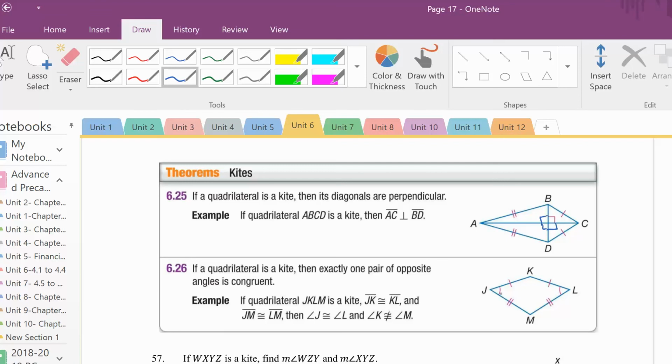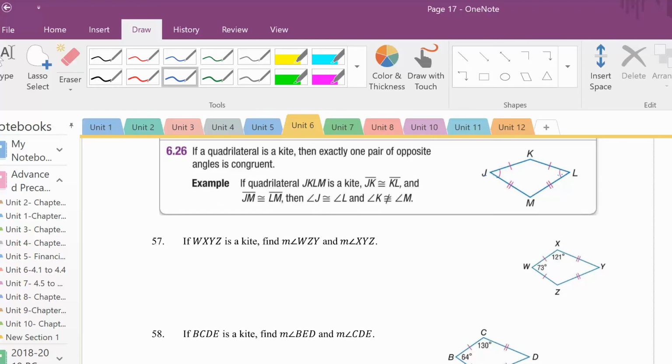Here, it'll be the ones where the 2 sides that are non-congruent meet. So notice where the non-congruent sides meet, those 2 angles are congruent. The other 2 would not be congruent.